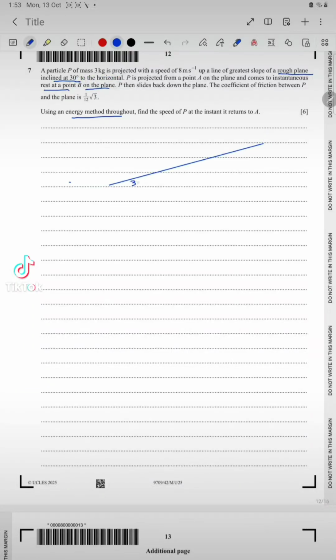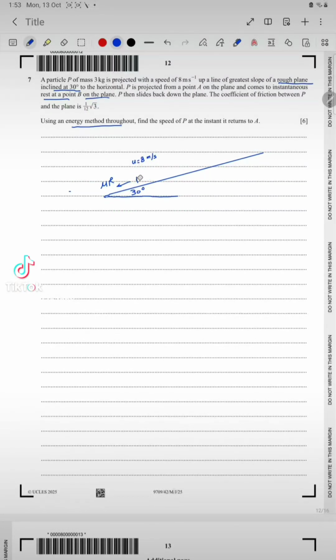Suppose P is here, its mass is this one, projected up with the speed of 8 meter per second up a line of greatest slope of a rough plane, which means there is a friction force against the driving force.